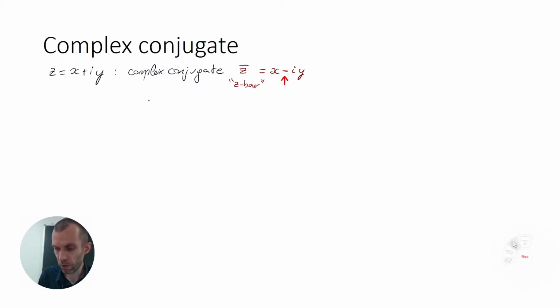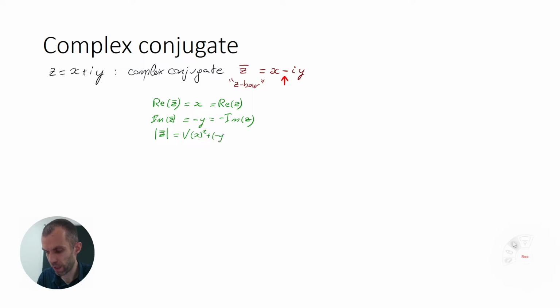And so a couple of properties follow from that definition. If we take the real part of the complex conjugate, we get x again, so that's the real part of the original number. If we take the imaginary part, that's minus y, so that's minus the imaginary part of the original number. If we take the modulus of the complex conjugate, we get the square root of x squared plus minus y squared.